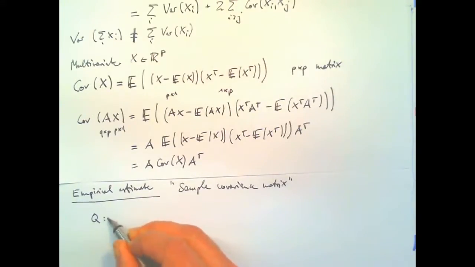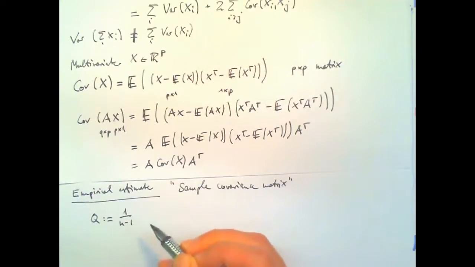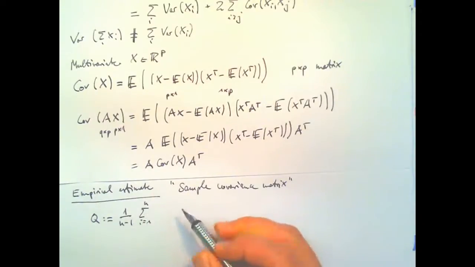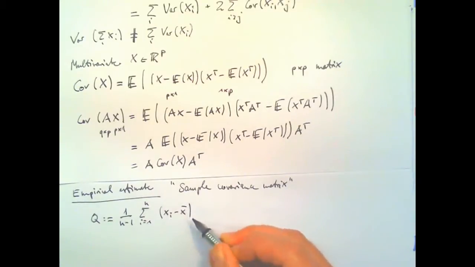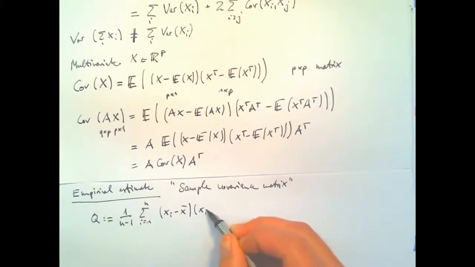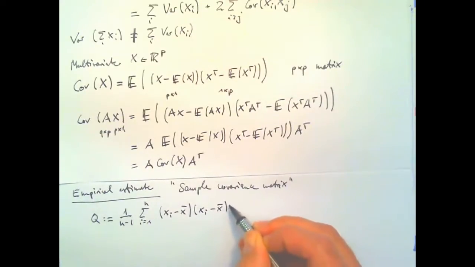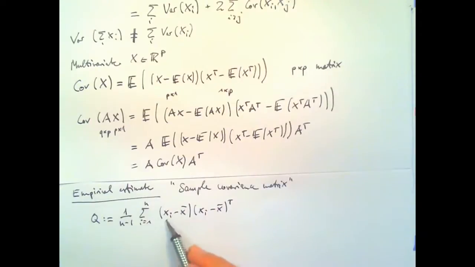I'm here using Q. X bar is the empirical mean of my sample. And x_i is again a column random vector.